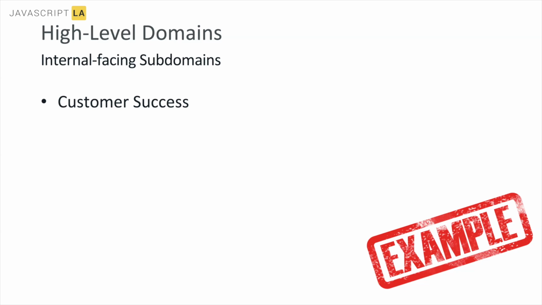There's often a set of use cases around customer success helping customers. Same thing with sales, being able to sell and create accounts and create trials and all those sorts of things. And even legal, potentially. At Box, we had some things around legal being able to freeze accounts or things along those lines. So it's possible that you also have internal facing subdomains in addition to your customer facing ones.